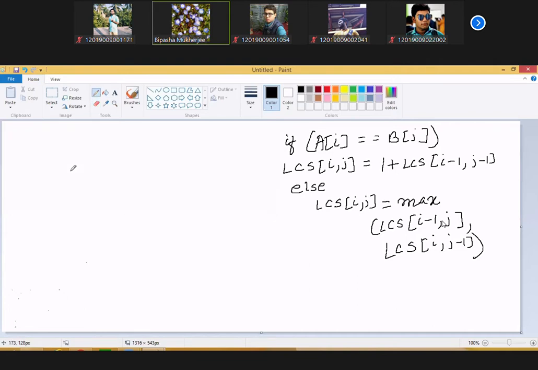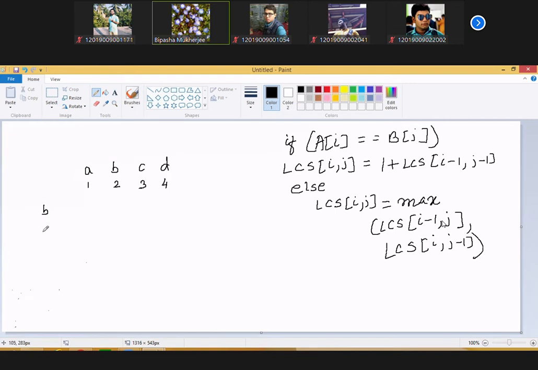So we need to take one table for doing that memoization. This tracking, storing, and taking the previous value as a reference and keeping it in a tabular format, that basically is your memoization process.